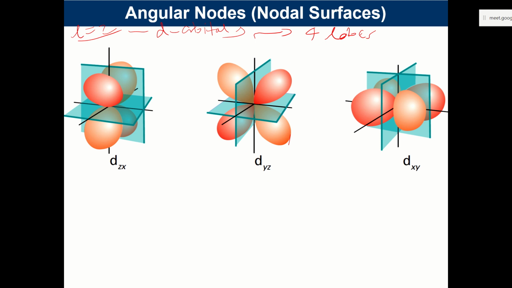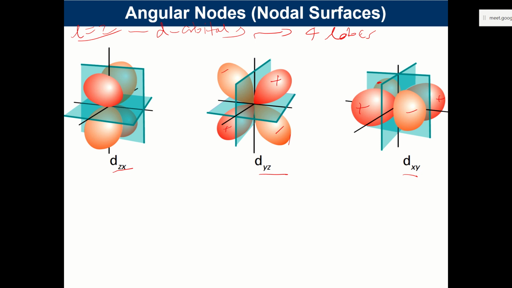And the pattern is something like this: dxz, dyz, dxy. This is to indicate the sign of wave functions. Color coding has been done. Okay, minus minus, plus plus, minus on this side, minus on the back side, that you have like this.